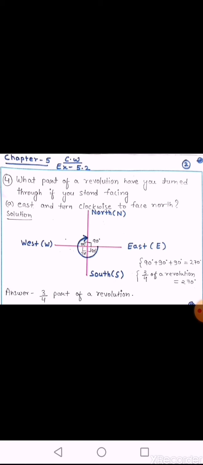Students, in the previous class I told you, but now I am going to recall it. In one revolution there is a 360 degree angle, in half revolution 180 degrees, in 1/4 of a revolution 90 degrees, and in 3/4 of a revolution 270 degrees.